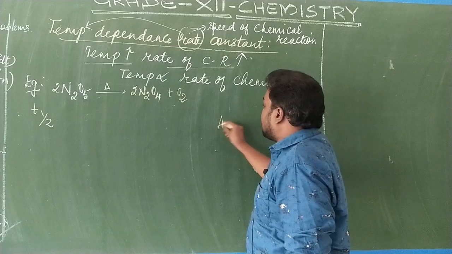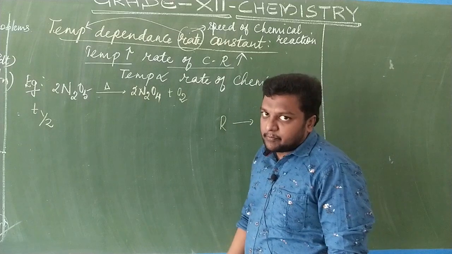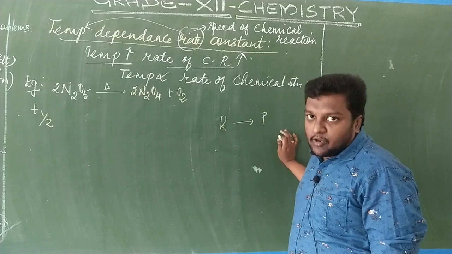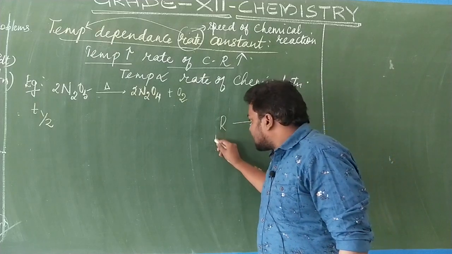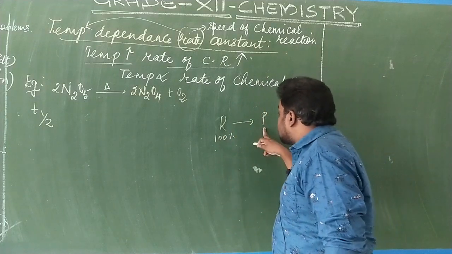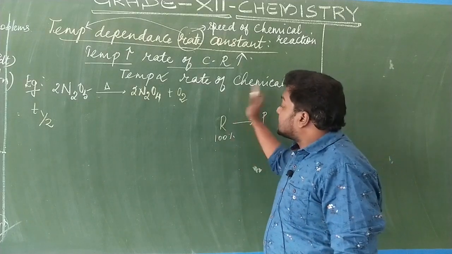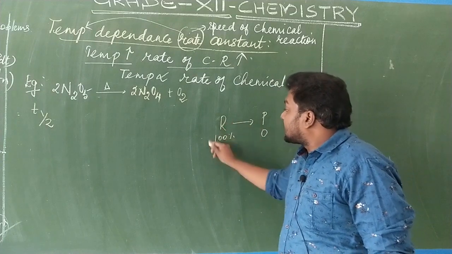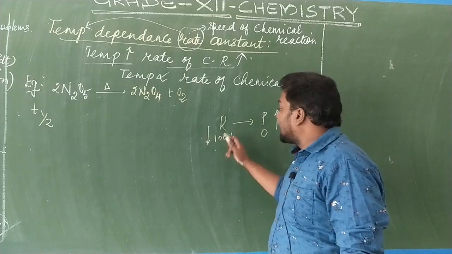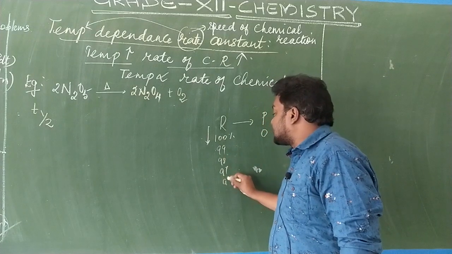Say for example, I am taking a reactant and the reactant reacts to give rise to the formation of a product. Initial concentration of the reactant will be 100%. Why? Because the reaction hasn't started. The initial concentration of the product will be 0. But when the reaction proceeds, the concentration of the reactant goes on decreasing with rapid increase in the concentration of the product. 100% will become 99, 98, 97, 96, like that it goes.